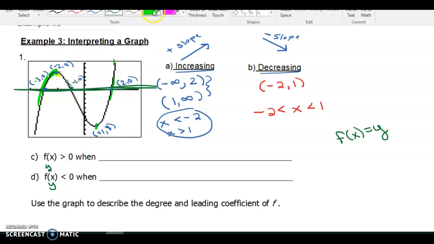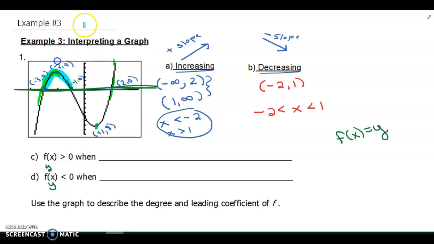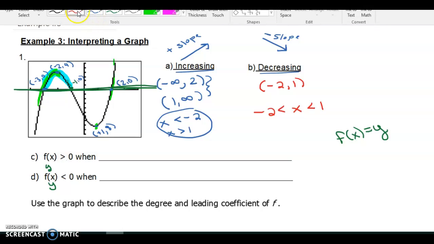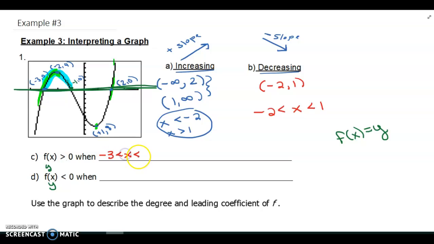Well, notice I'm above the x-axis from here to here, right? So I'm above the x-axis when -3 is less than x, which is less than -1, or I could write that as -3 to -1.